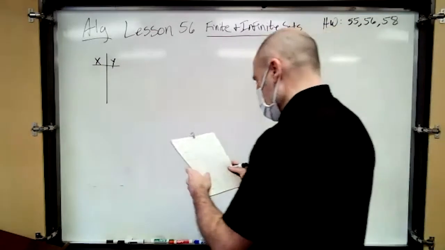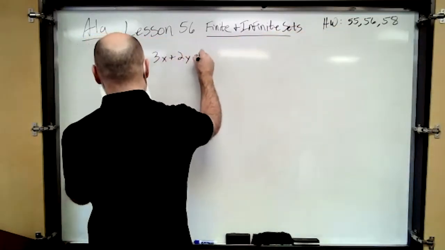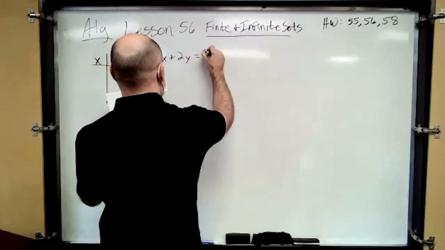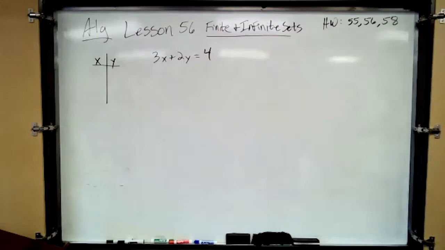Well, if we had something like this, 3x plus 2y equals 4. Can you think of X's and Y's that would work? It's a little bit difficult, isn't it? So can you think of 1?